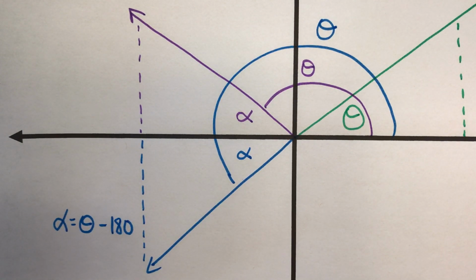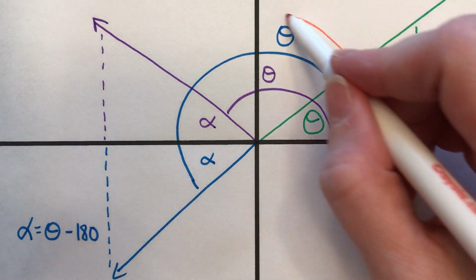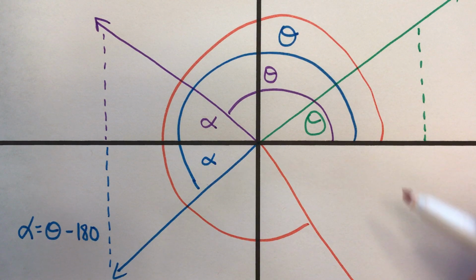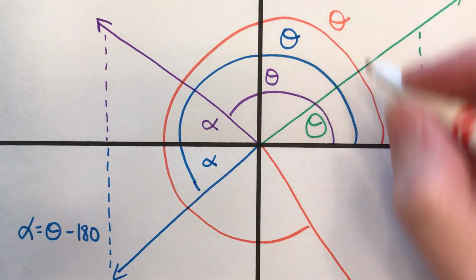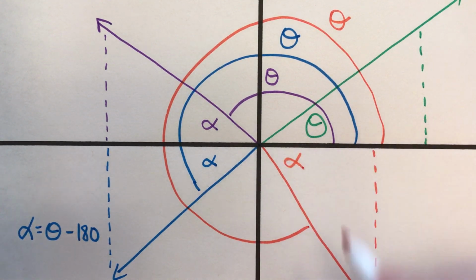Then in the last quadrant, I would go all the way around, end up in the fourth quadrant. If I wanted to make a right triangle, I'd need alpha here.